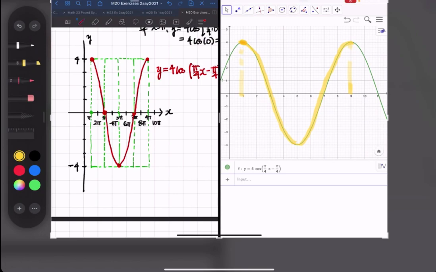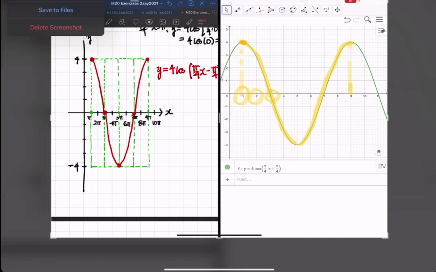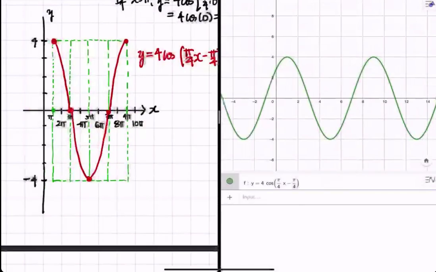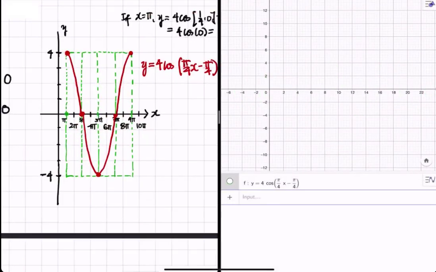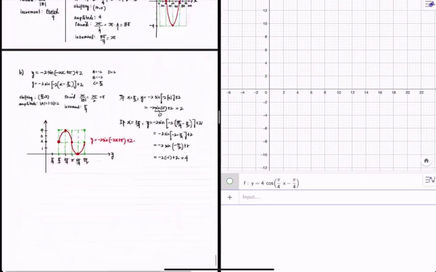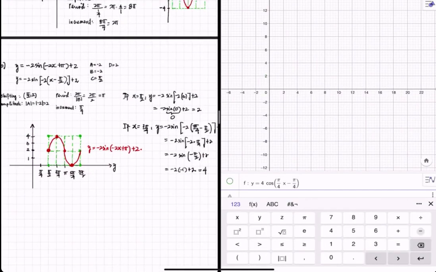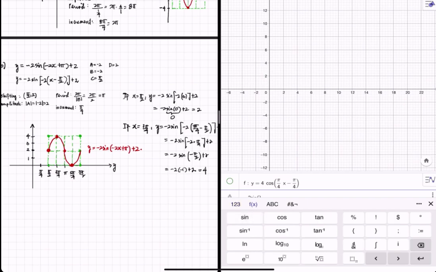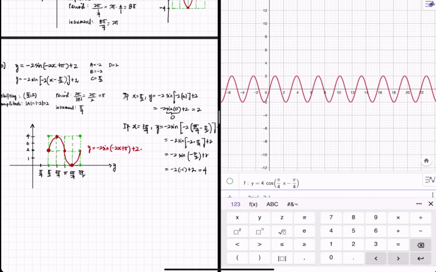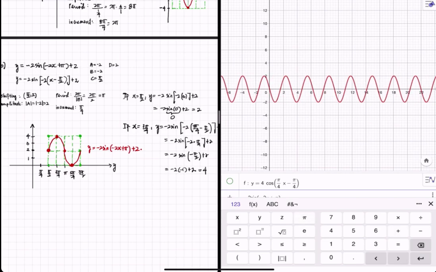Ang increment ata nitong nasa grapher ko, this is pi, 2 pi, 3 pi. Naka-trigonometry siya. Okay, yung isa naman, negative 2 sine ng negative 2x plus pi plus 2.